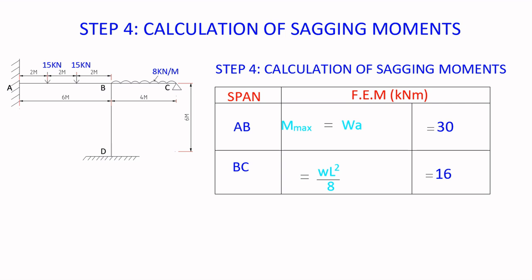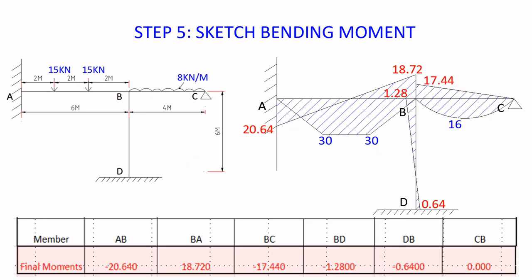Which is sketching of the bending moment diagram. So I've taken an extract of the final hogging moments in the table below. You can check the table below. So for AB, we had calculated it as negative 20.64.